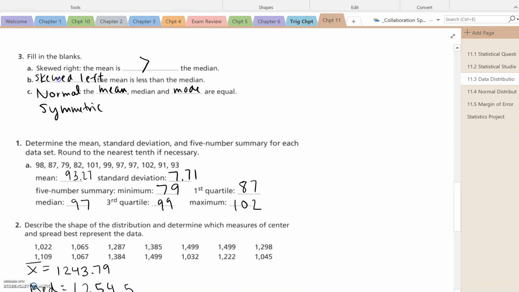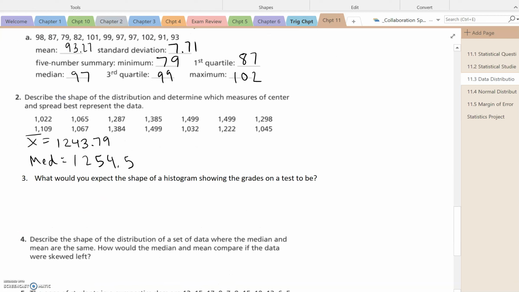So we can know from just a couple bits of information from that summary on our calculator that this is skewed left. And because it's skewed left, we would want to use the median as our measure of center.